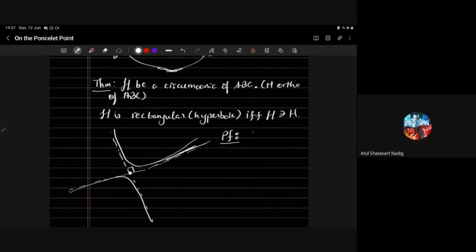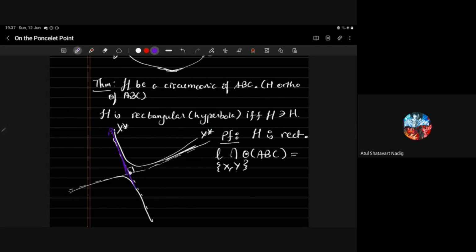So assume H is rectangular. Since H is a hyperbola, the isogonal conjugate L of H intersects the circumcircle of ABC at 2 points, let's say X and Y. The good thing is the points X and Y will correspond to the infinity points here. So I'll call this X star and Y star, the infinity points on the hyperbola.